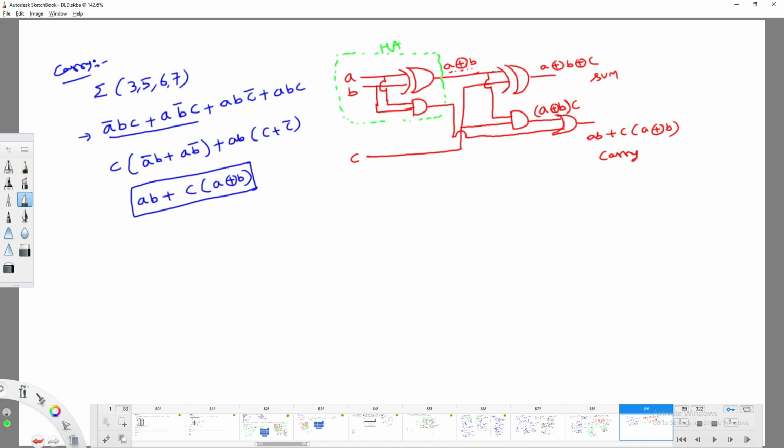Similarly, this part I can also call one kind of half adder, meaning that I can implement a full adder with the help of two half adders along with one more OR gate. Basically, we can do it with two half adders. That is what I can define with the help of this circuit diagram.